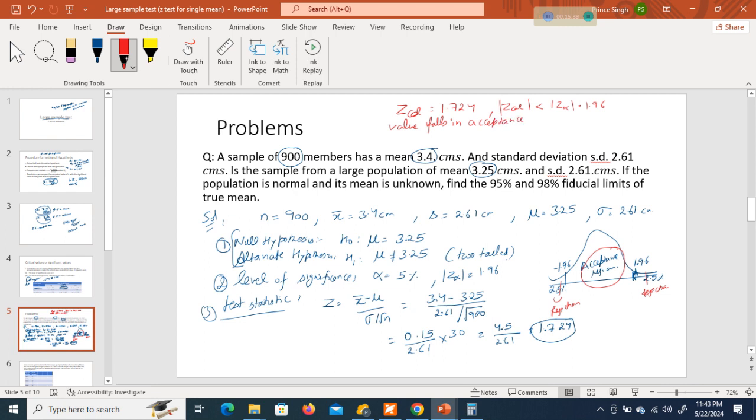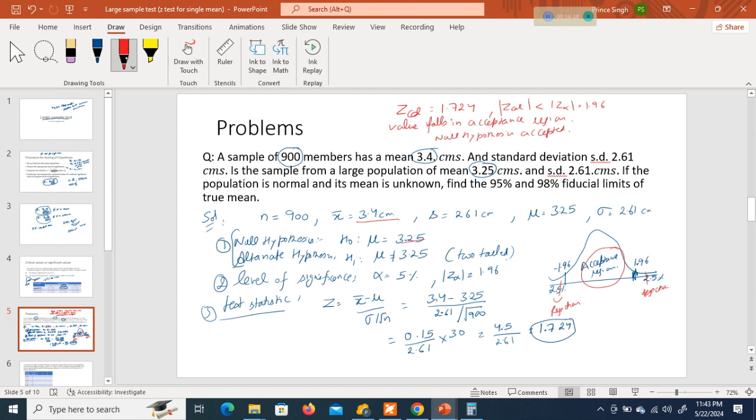So the null hypothesis is accepted. This means the sample has been drawn from a population whose mean is 3.25, meaning there is no significant difference between the sample mean and population mean. The difference is only due to fluctuation of sampling.